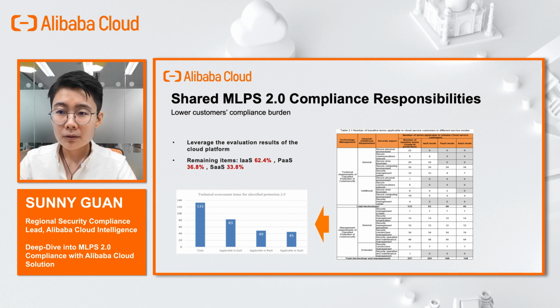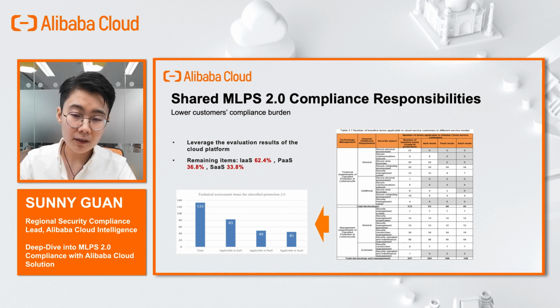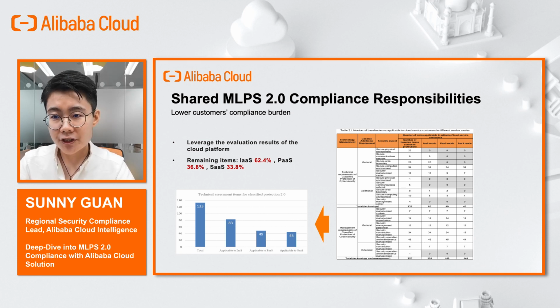Under the IaaS model, your workload in complying with MLPS can be reduced to around 62% of the original ones. And if you use the SaaS model, the workload can even be reduced to only 1/3 of the original ones. In this way, the compliance workload can be shifted partially to the cloud service provider.